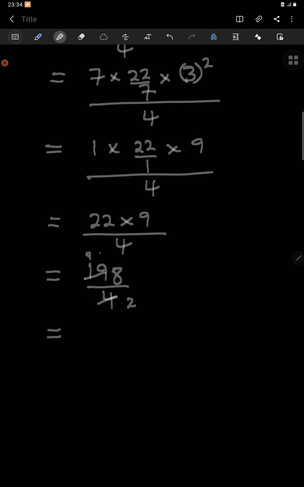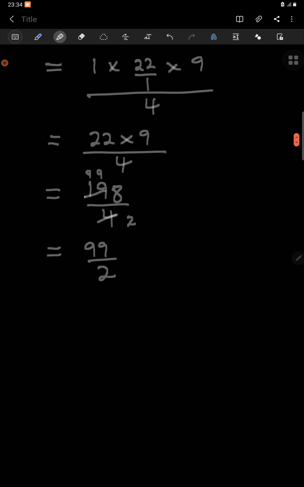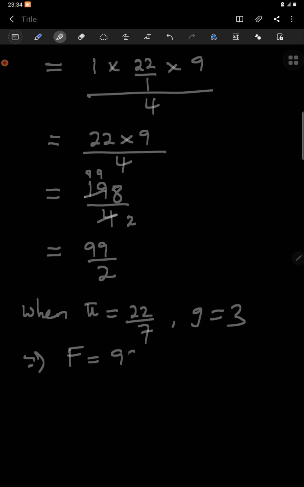And 2 into 18 is also 9. So we are going to get 99 out of 2. So we can conclude by saying that when pi is 22/7 and g is 3, then our f is 99/2.